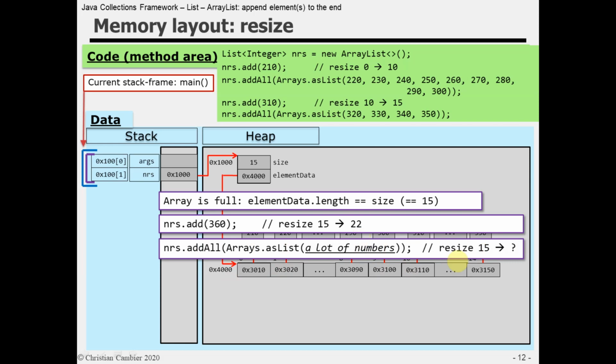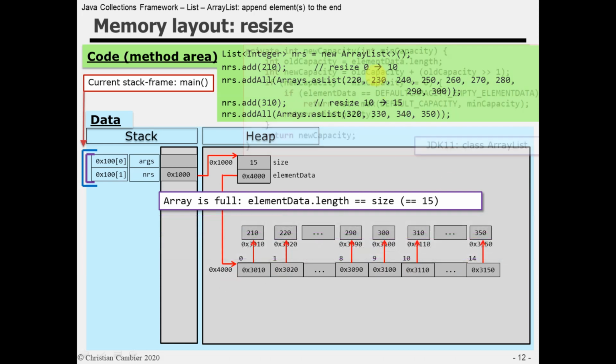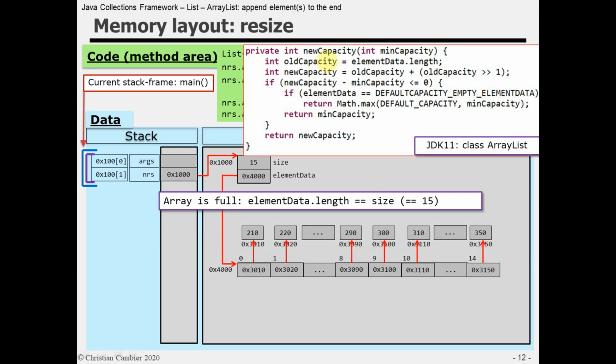Whenever a grow is invoked, the method newCapacity is executed along its path, which contains the following code. So this is still within the ArrayList class. I have removed some additional checks that take place in this method. So the main idea of this implementation is what is displayed here. Now, the parameters minCapacity and newCapacity are important here.